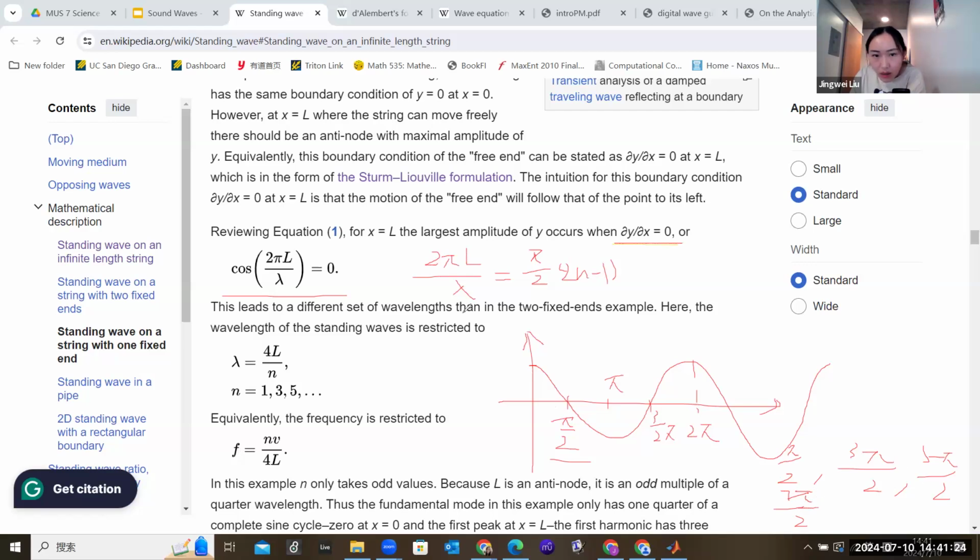So it is odd numbers only, 1, 3, 5, 7. So this is 2n minus 1. This is the expression for cosine equal to 0.